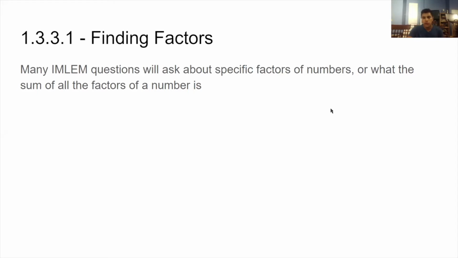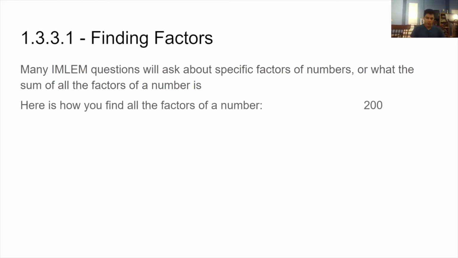So first you start with your number. I'm going to be using 200 as an example because I find that the best way to teach this is just through example. So 200 is the number that I'm starting with, and I want to find all the factors of 200. The reason that prime factorization is so important is because you actually need it to find the rest of the factors.